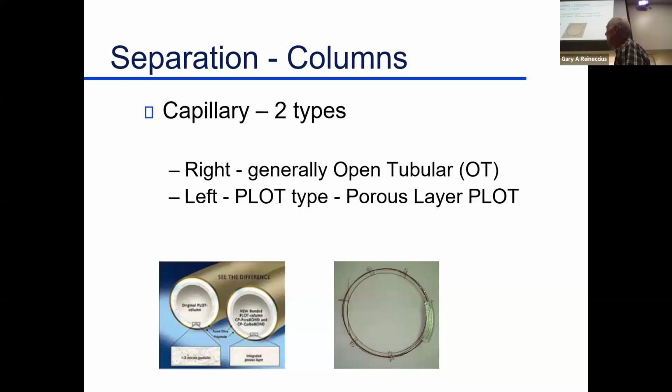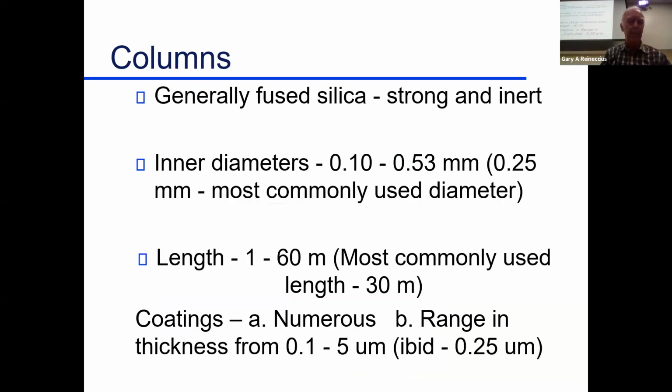They, for the most part, are simply like this. You can have columns here that actually have coatings on the inside. And these are fairly substantial coatings. This has a very, very thin film of the stationary phase. So you have a difference. You can see some of these, but these again are the workhorses that you see in the lab. They are fused silica as the material, very high purity, strong, inert.